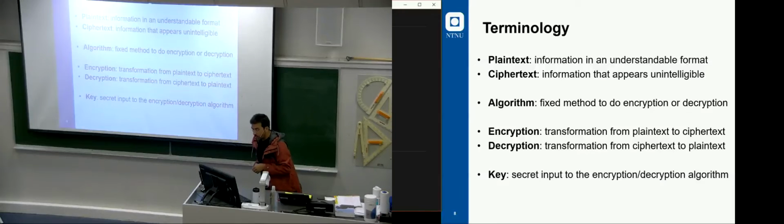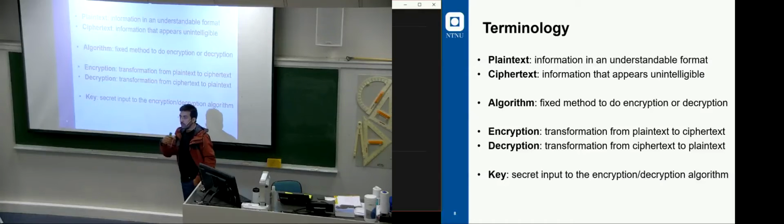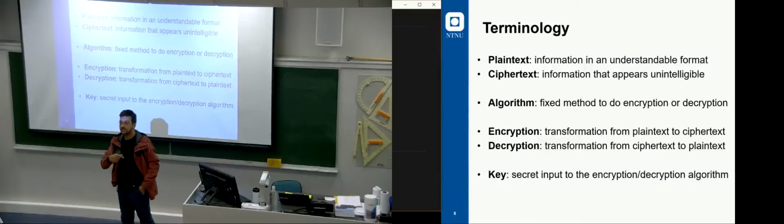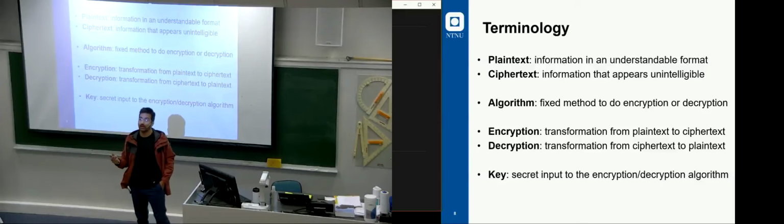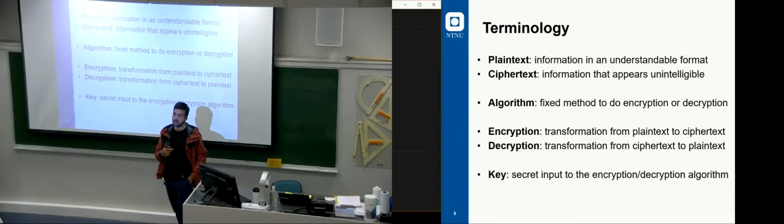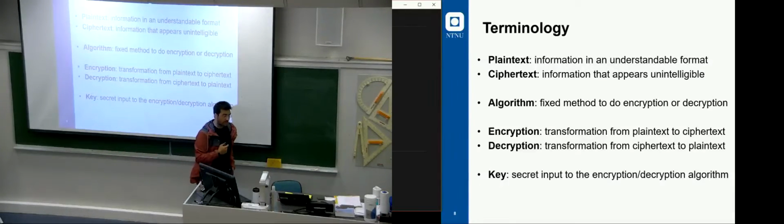Then we have what we call a key. A key is the secret input to the encryption and decryption. If everyone knows how it has been encrypted and decrypted, then there is no fun in doing this security. That's why we have a key.